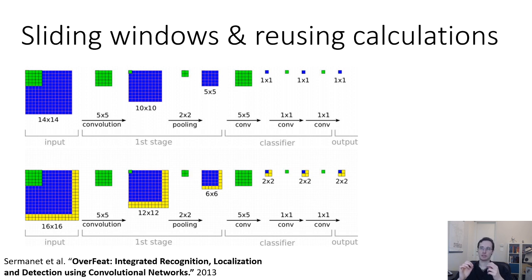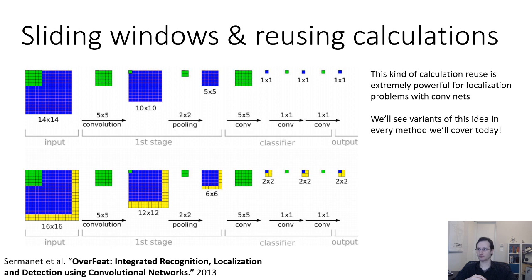This is a very important idea that we're going to see come up again and again when we talk about detection and segmentation: the idea that a convolutional network can produce predictions at different positions in the image while reusing the activations in the convolutional layers. This kind of calculation reuse is very powerful for localization problems with convnets, and we'll see variants of it crop up in the other sections as well.